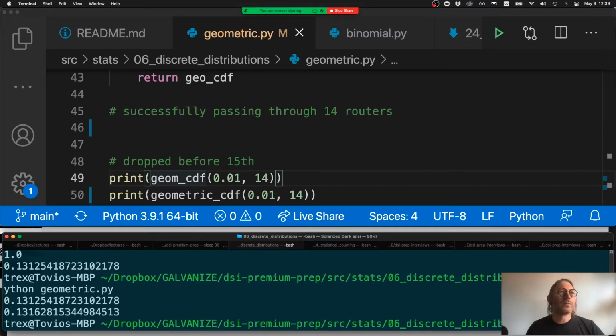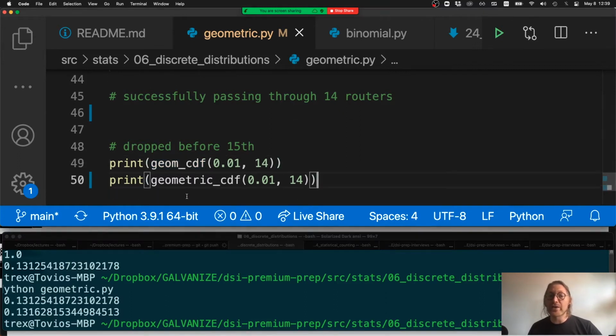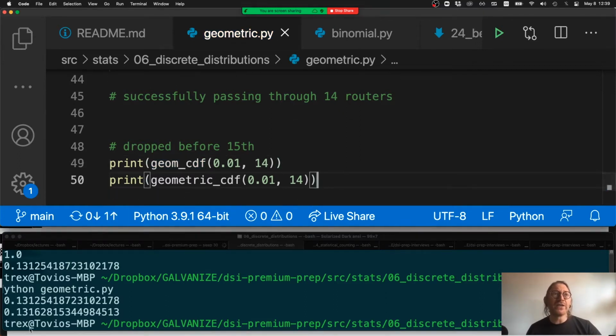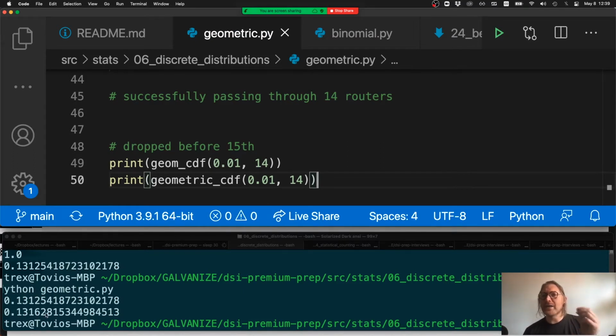All right, so those two values are the same. Geometric CDF through the closed formula and through the accumulator are the same. We're seeing a slightly different value out here, 0.13125 versus 0.13162. That's going to be rounding error on the computer, right? We're accumulating some values that don't have meaning.